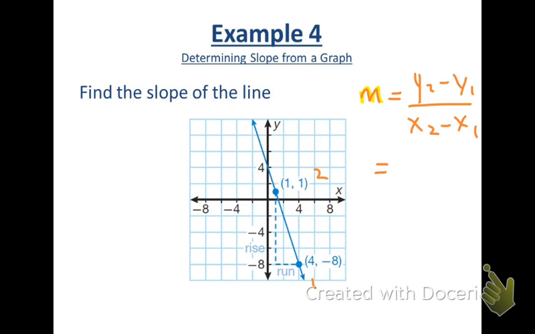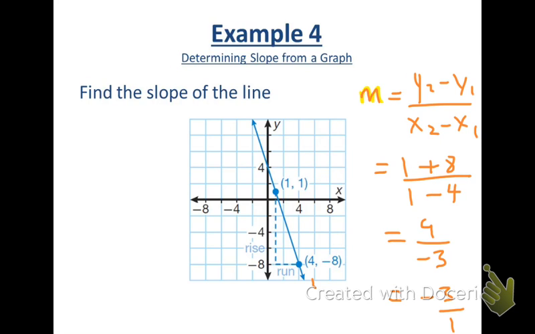Okay, all right, so y2 minus y1 would be 1 minus negative 8. It's going to be 1 plus 8, right? x2 minus x1 is going to be 1 minus 4. That gives us 9 over negative 3, which is negative 3. If you wanted to put it over 1, you're welcome to.